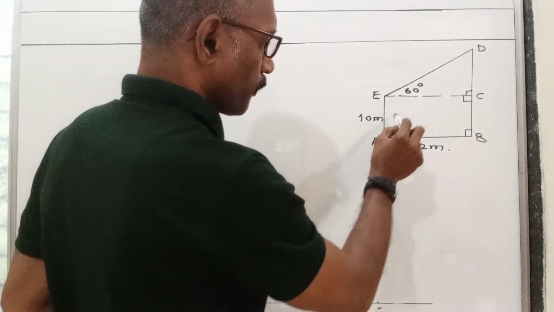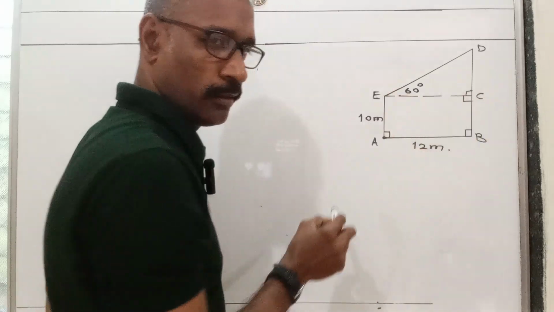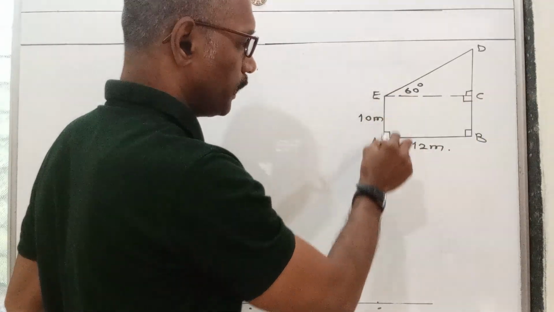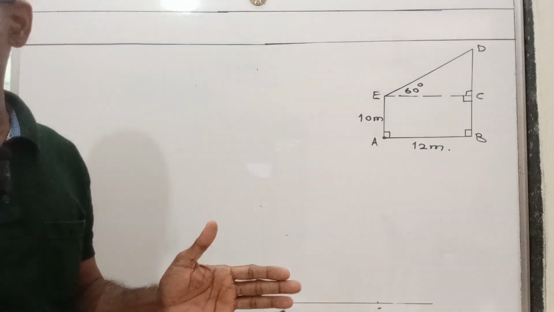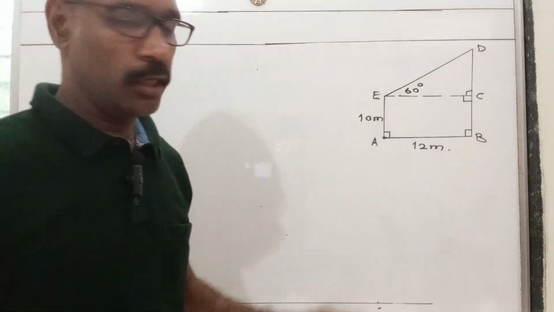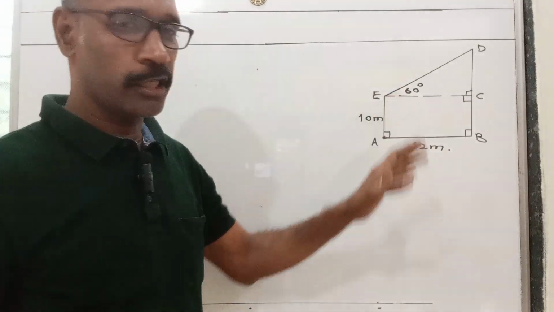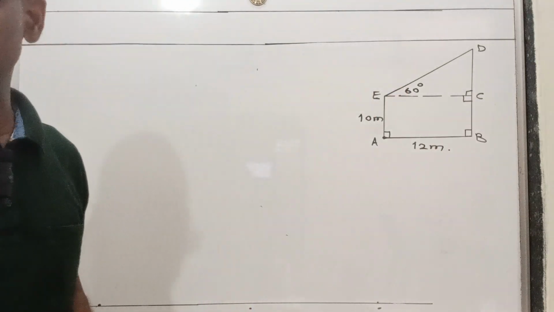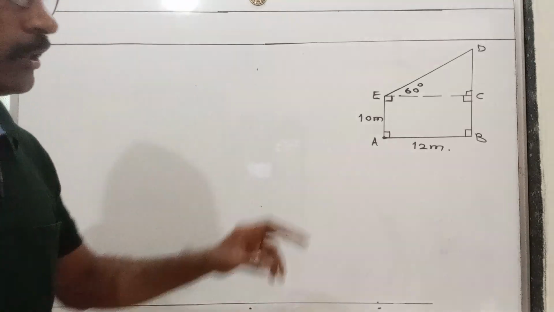Now, buildings are constructed, so those are always perpendicular to the ground. This is a right angle, this is a right angle, this is a right angle, then this is also 100% a right angle. This also is 100% a right angle.